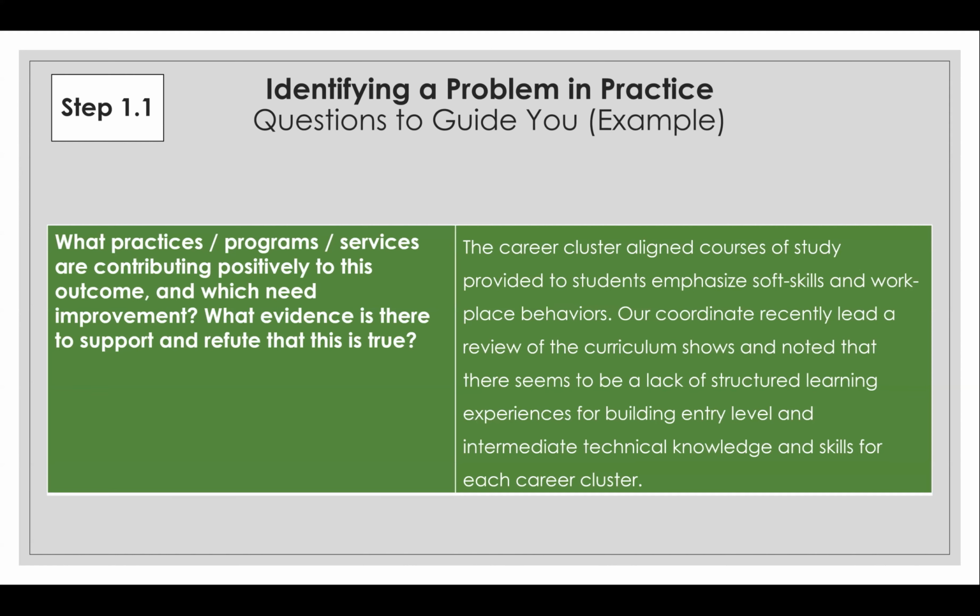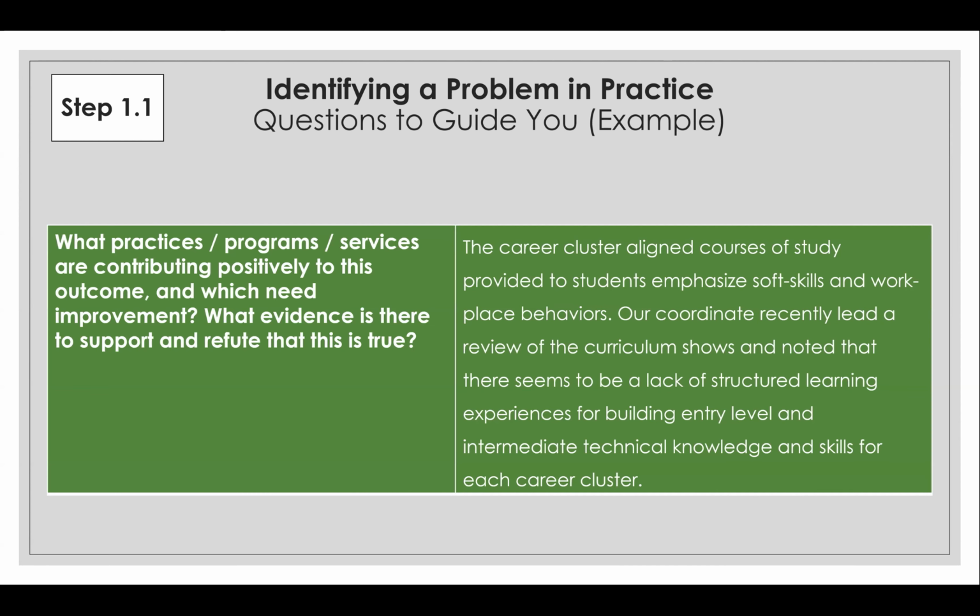What practices, programs, and services are contributing to why young people aren't developing these skills or reaching these outcomes? Well, maybe in my example, we have a career cluster course of study provided to students that emphasizes soft skills and workplace behaviors.